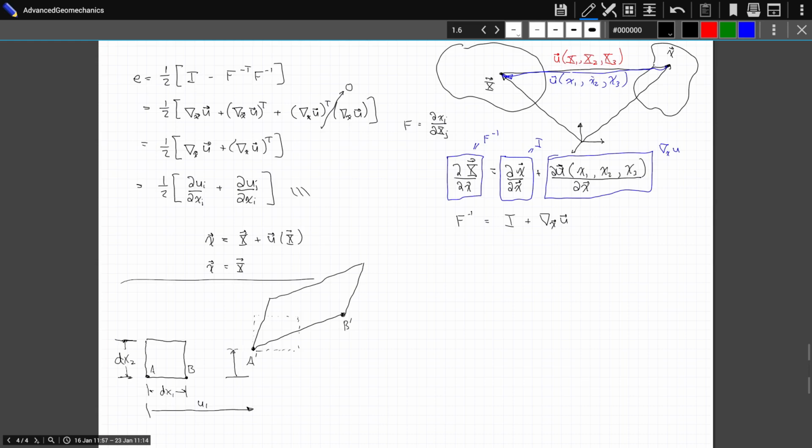This distance here is U2, so that's the displacement of the point A. The distance that the line segment was stretched in the x direction, so that's this distance.